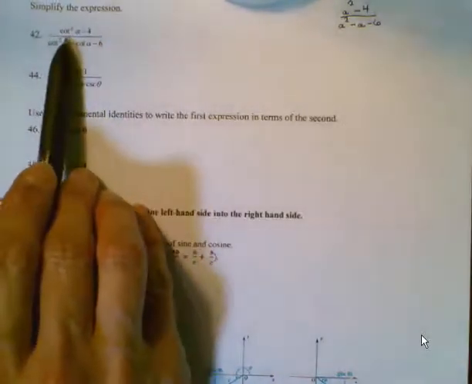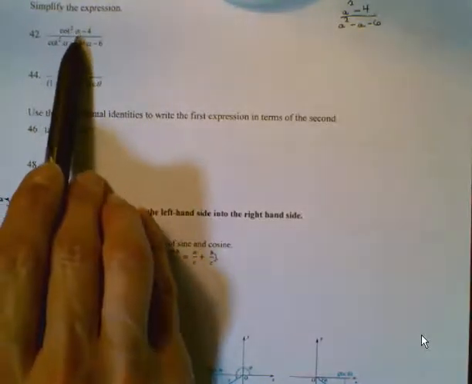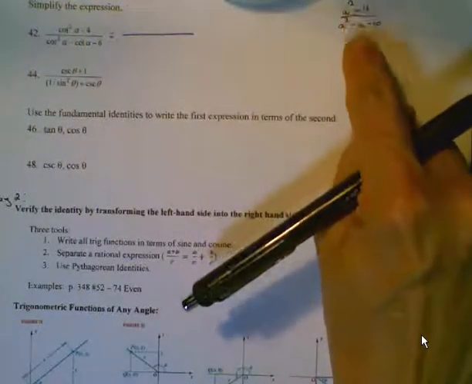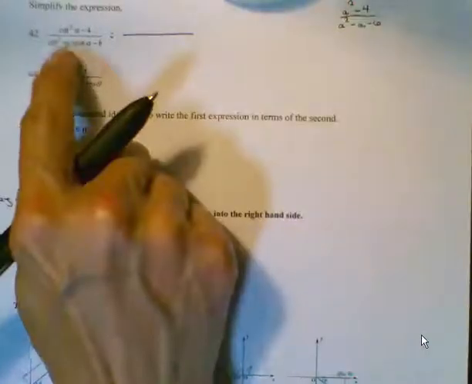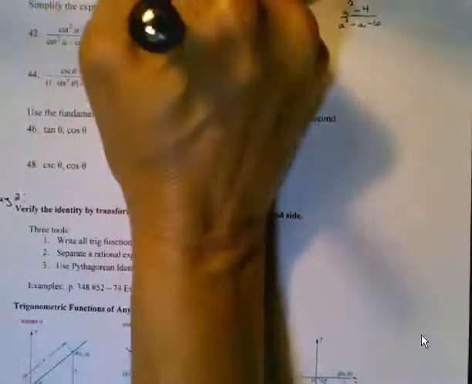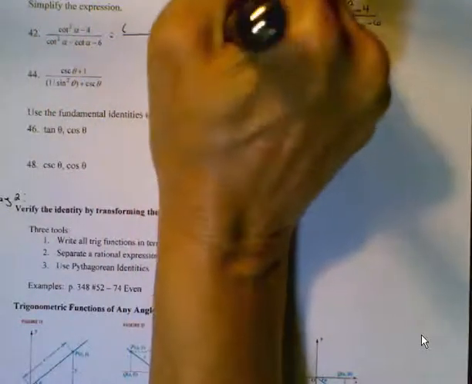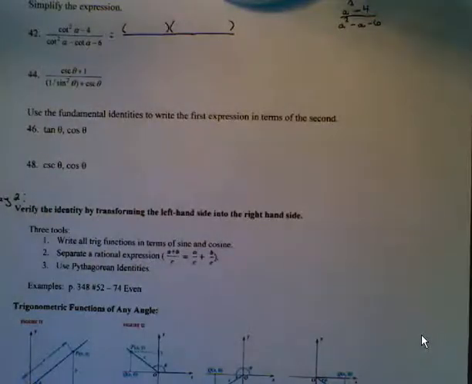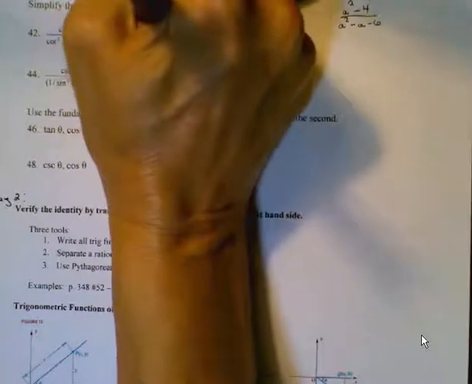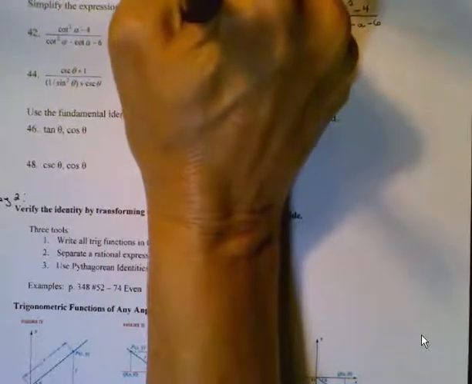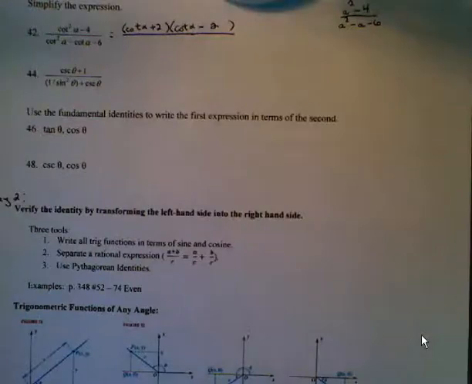And when you say, what's the square root of cotangent squared alpha? It's just cotangent alpha. So, just like I factored the difference of two squares in algebra, I can do the same thing in trigonometry. Cotangent squared alpha minus 4 would be cotangent alpha plus 2 times cotangent alpha minus 2. And you can fold those back together to check it.